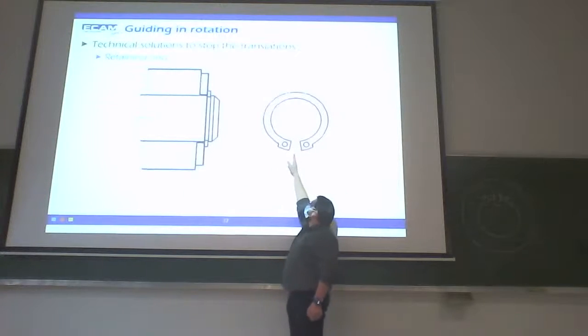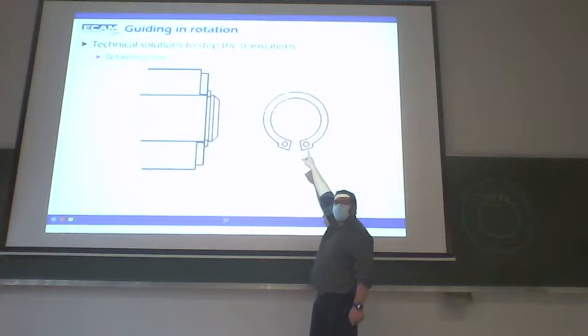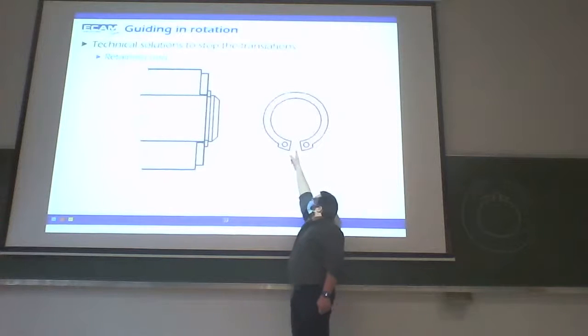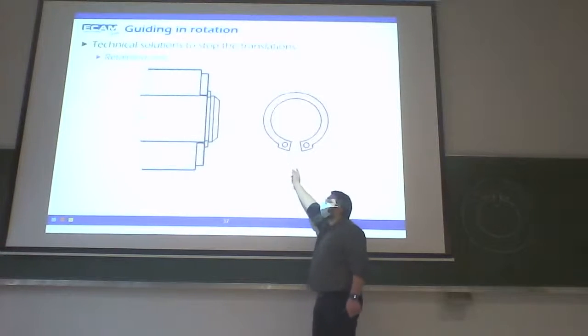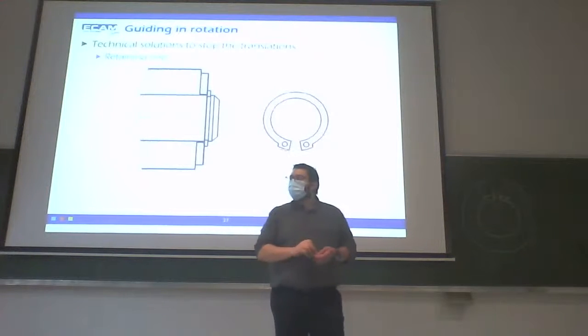So think that if we cut the retaining ring in the middle, at the top we are inside of the retaining ring, so we have material, so we have hatching on the section plane, but here it's empty, so we have nothing, we just see the external shape of the retaining ring.